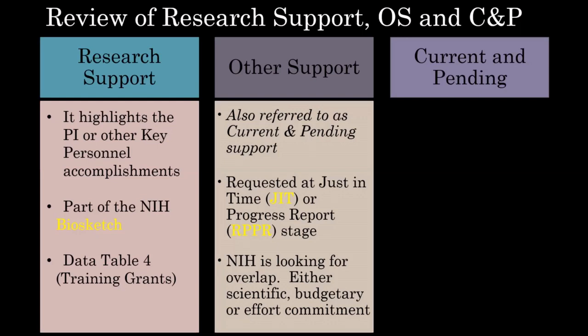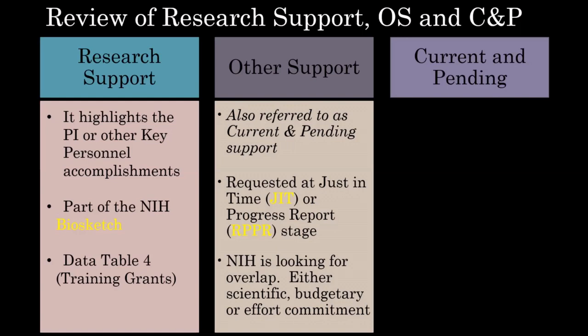So slightly different. Other support, which can be confusing because NSF calls it current and pending support, but NIH calls it other support. So remember, other support for NIH is requested at just in time. So if you put in an application, it has a good score, and NIH is looking, it might fund it, they're going to ask you for those just-in-time documents, and that's when they're going to ask you about other support.